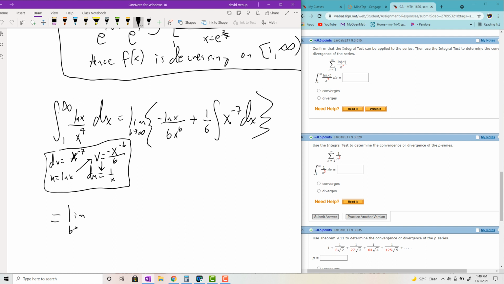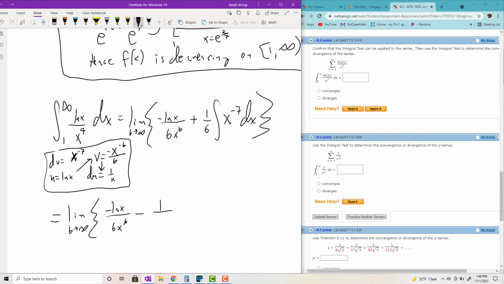Limit as b goes to infinity of negative ln x all over 6x to the 6. This will become a minus 1 all over, so adding 1 to the old exponent, negative 7 plus 1 is negative 6.